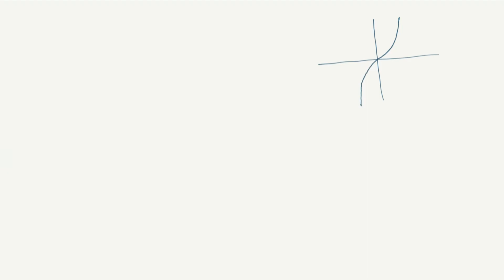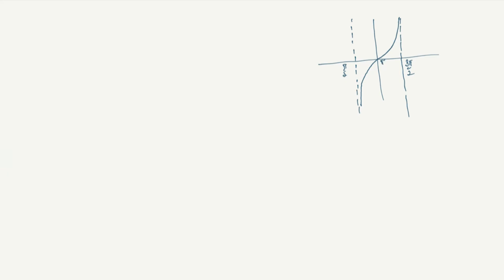Since this is periodic, it will continue. So essentially, this is 3 pi by 2, and the other part is pi by 2. And this is of course the pi line.